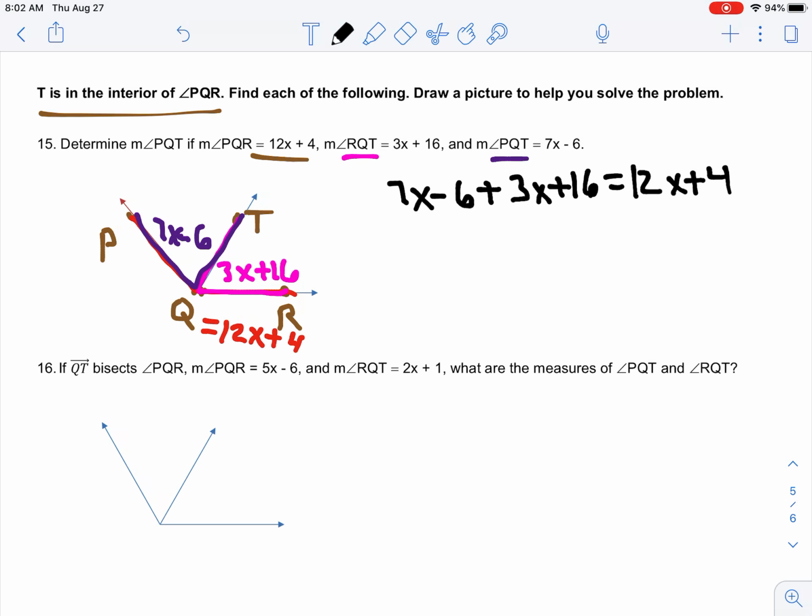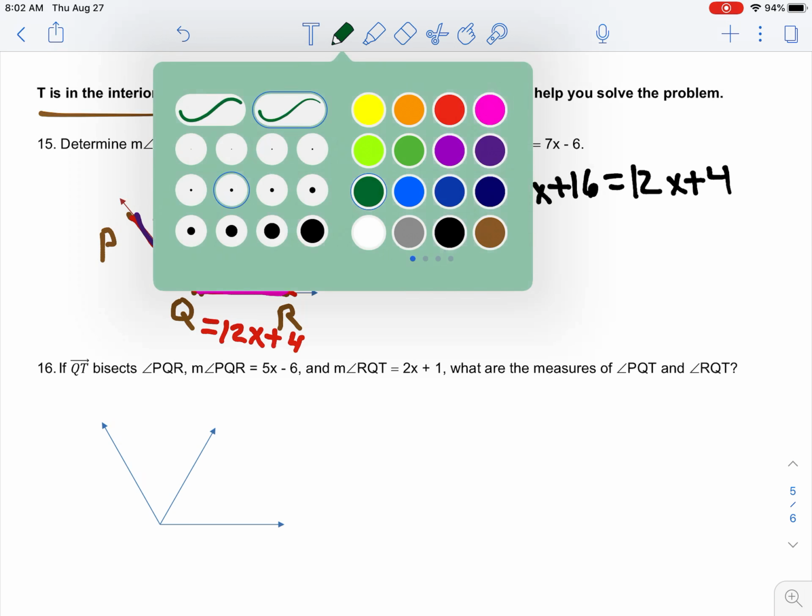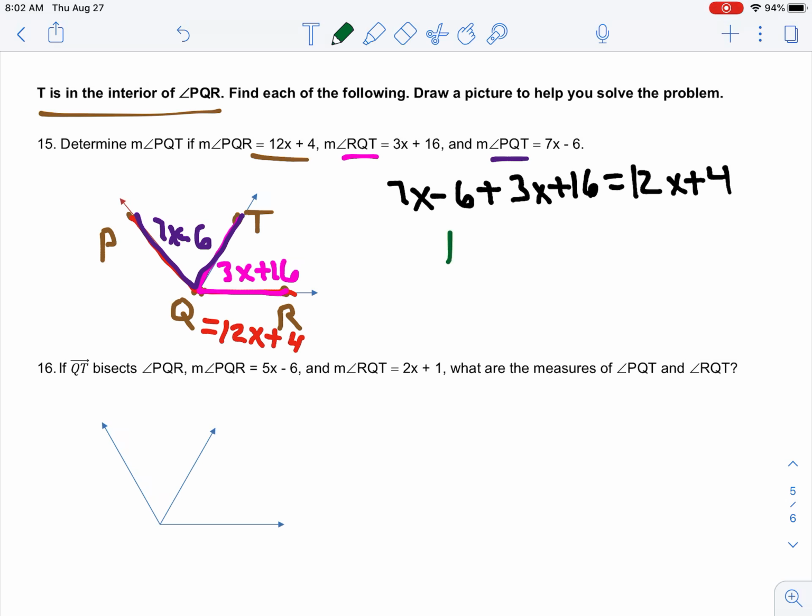Now, just like we did when we had segment addition, we had to combine like terms first and clean it up. So 7x plus 3x is 10x. Negative 6 plus 16 is positive 10, and that should be equal to 12x plus 4. I'm going to subtract 12x from both sides.